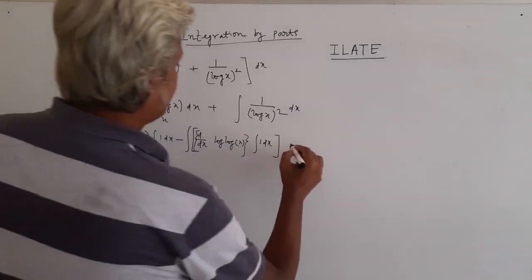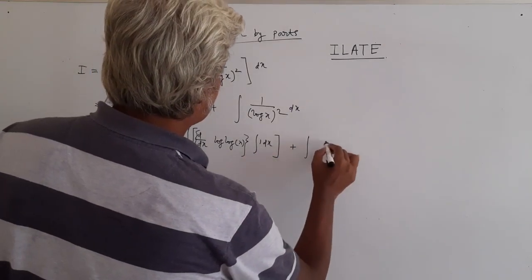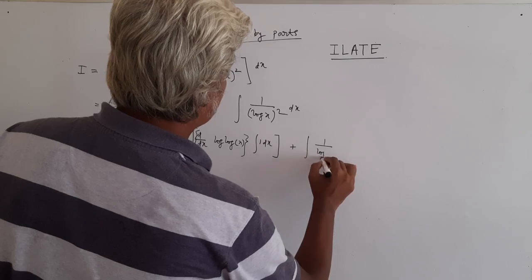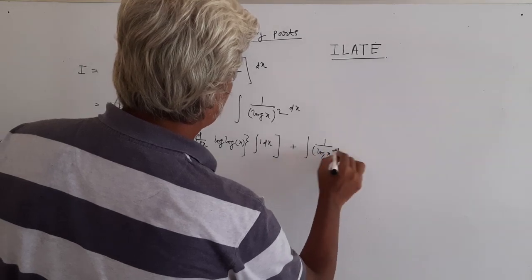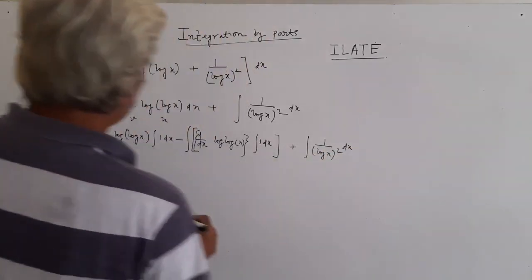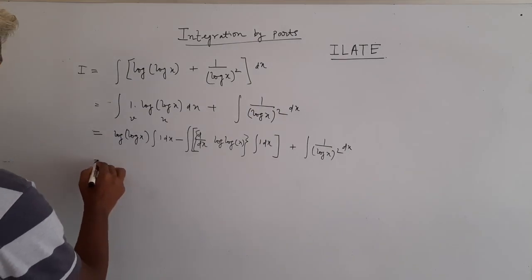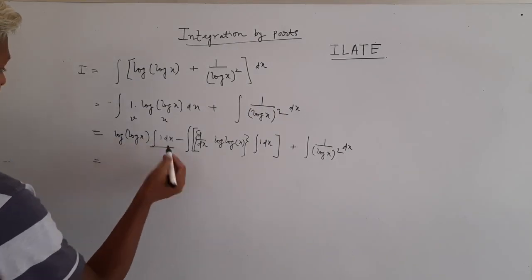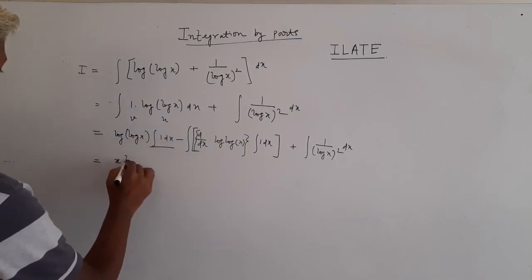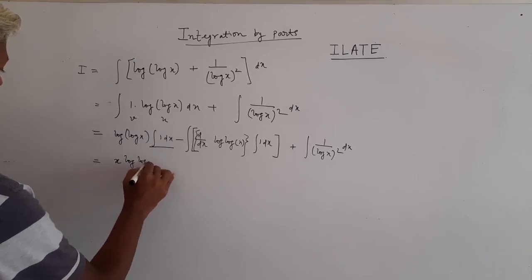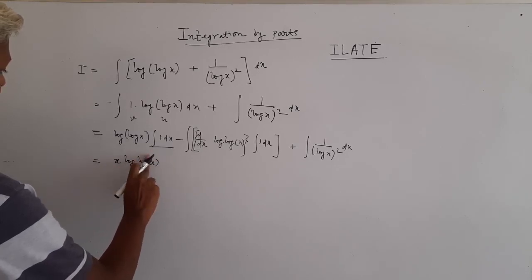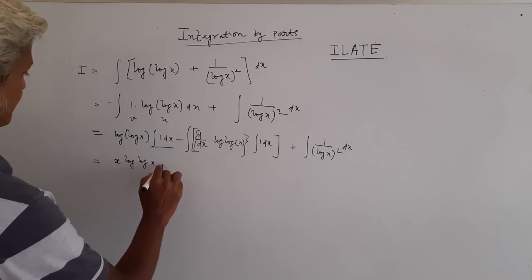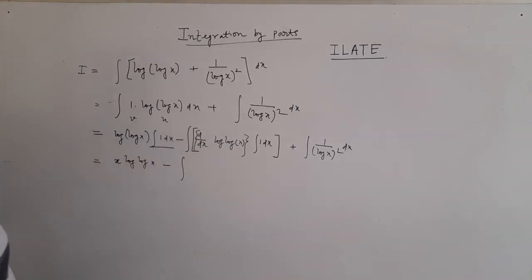Okay. Then plus the integration of 1 by log x whole square dx. Then here we go, and this is x, because the integration of 1 dx is x, so x into log x minus the differentiation of log x.